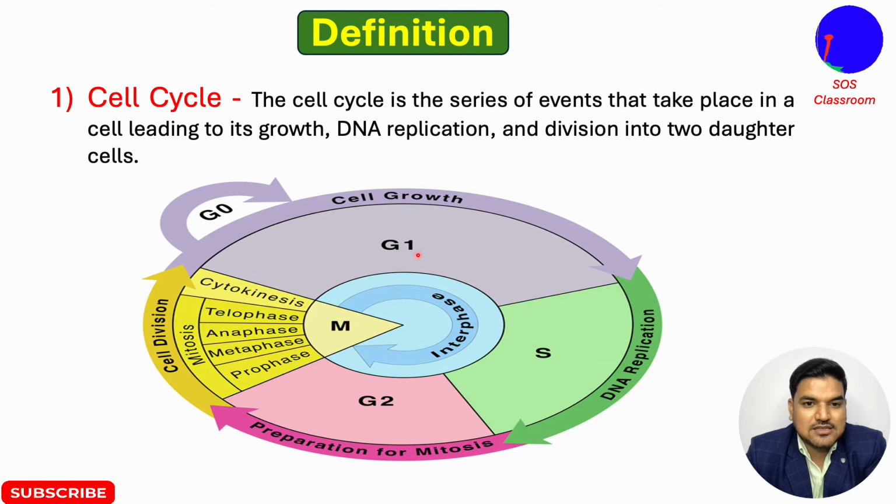In the interphase there are three stages: growth 1, that is G1 or gap 1; S, DNA replication or the synthesis phase; and G2, gap 2 or preparation for mitosis. Then mitosis starts in all the body cells, and meiosis in the gametes or germ cells of males and females.